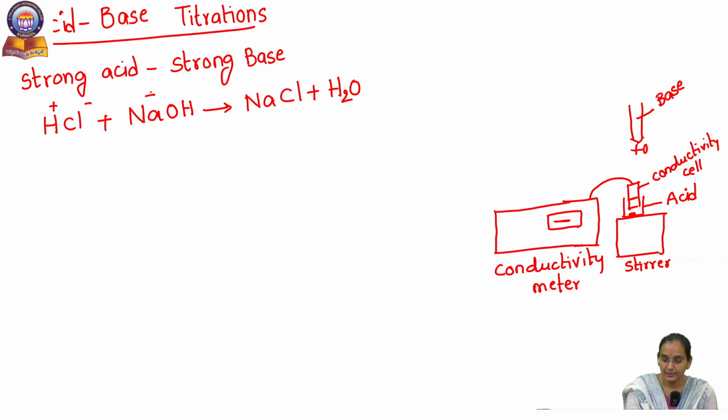Initially, with the addition of base, NaOH, to the acid, HCl, the conductance of the solution decreases.